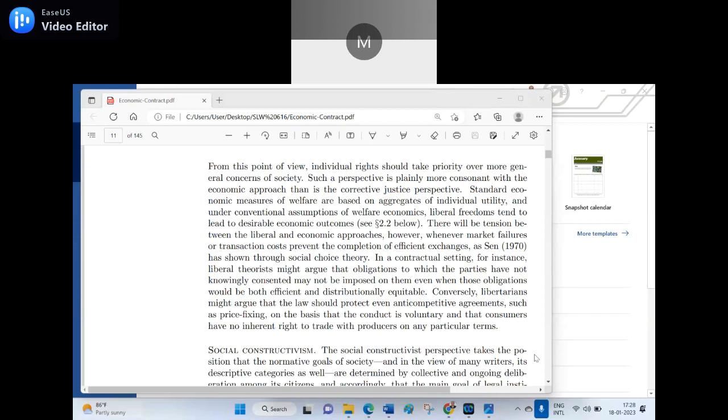So liberalism might be argued that the law should protect anti-competitive agreements such as price fixing, on the basis that the conduct is voluntary, that consumers have no inherent right to trade with the producer on any particular terms. So, no reduce, no increase. You know, the rate is fixed. When you go into the mall, can you bargain? Like with a mama or auntie, or a small trader?